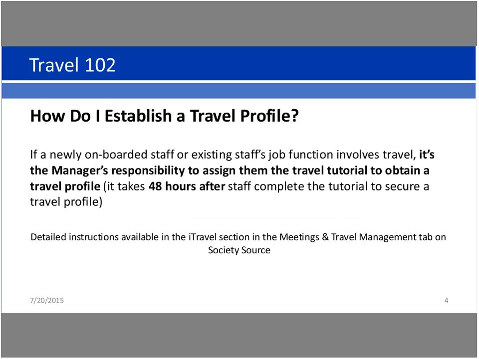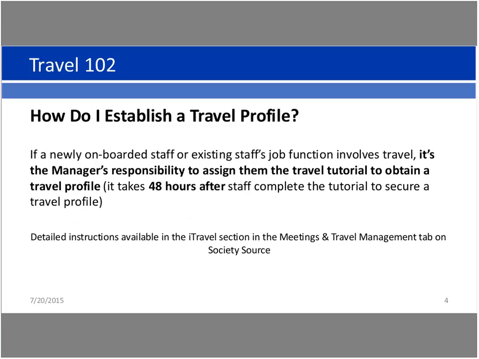But let's just do a quick review on how to establish a travel profile. If a newly onboarded staff or existing staff member's job function involves travel, it is the manager's responsibility to assign them the travel tutorial, which will then establish the travel profile.